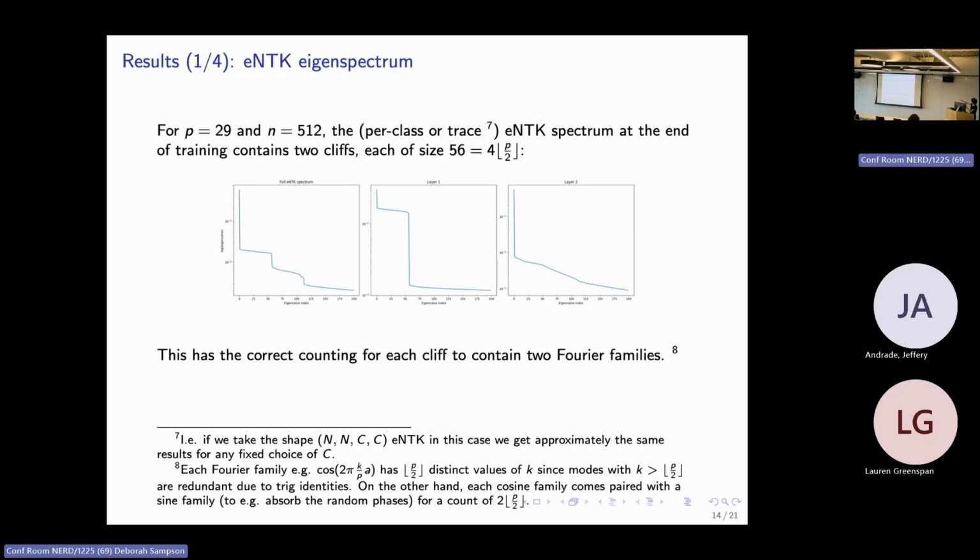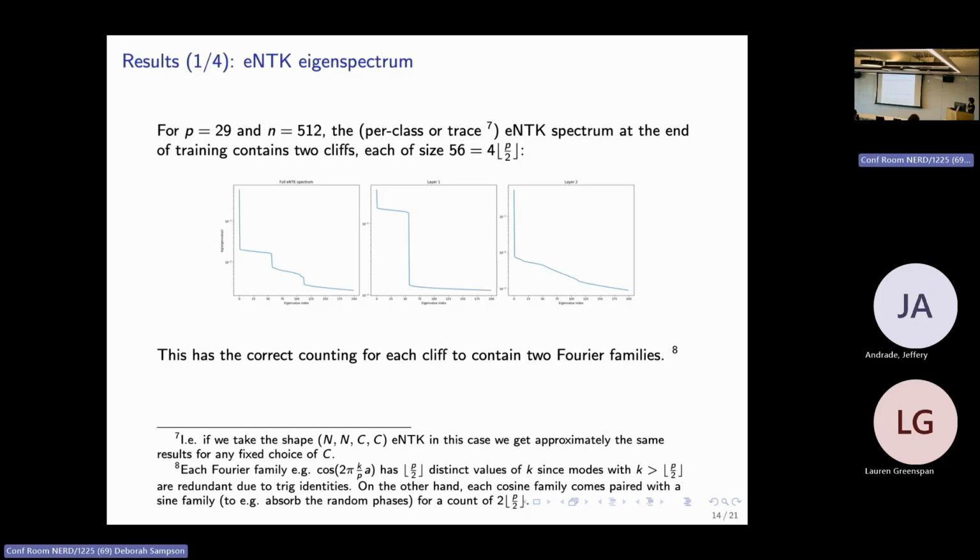So that's the spectrum for the full model, and it has these two cliffs that stand out, and each has the correct counting to contain two Fourier families. And the reason I say that is that each of these Fourier families, cosine of 2 pi k a over p for different values of k, has a floor of p over 2 distinct values of k, since when we go more than halfway around the circle, trig identities relate some values of k with others.